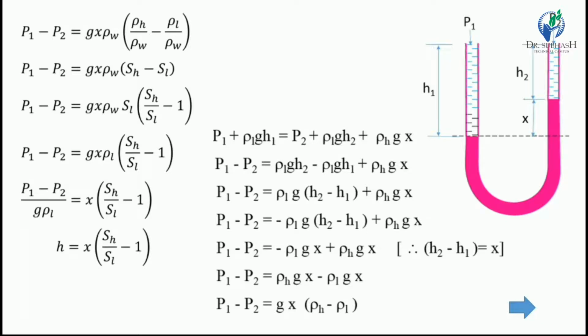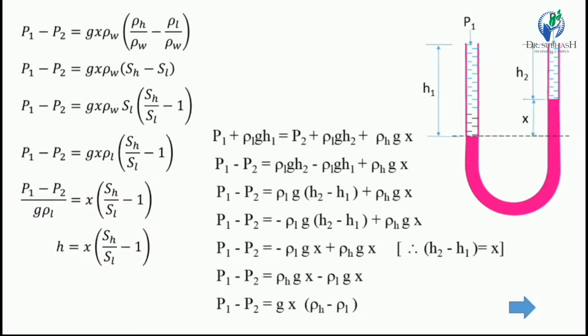The pressure head difference we write as small h, so h is equal to x in bracket Sh upon Sl minus 1. Here Sh is the specific gravity of the heavy liquid, mercury, and Sl is the light liquid, water or any other liquid flowing through the Venturimeter.